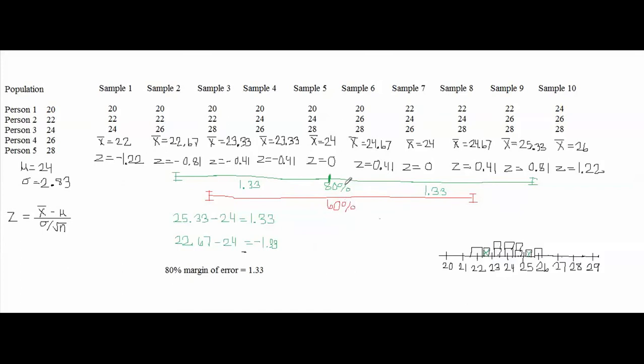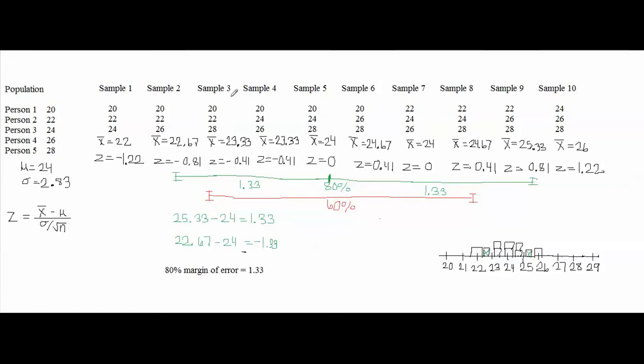And the 60% margin of error would be the distance from the two boundary points of the middle 60%, which are sample 3 and sample 8, to the population mean at the center, which is the population mean of 24. So let's find out how far that distance is.